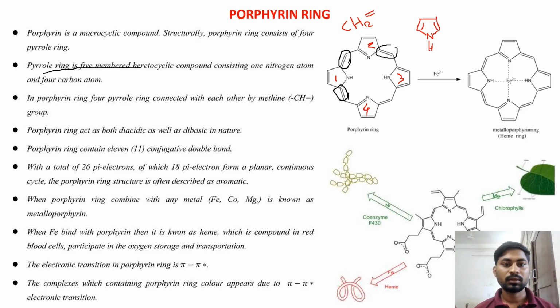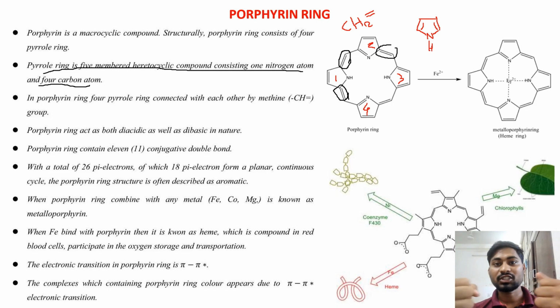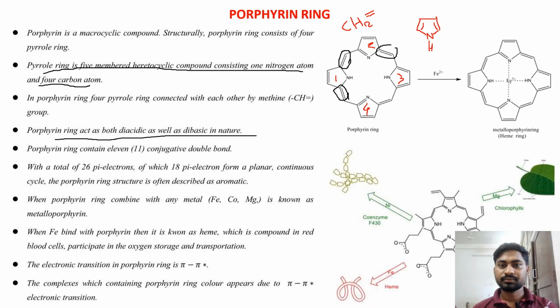The pyrrole ring is a five-membered heterocyclic compound consisting of one nitrogen atom and four carbon atoms. In a porphyrin ring, there are four pyrrole rings connected with each other, as I told you a minute ago, by methane groups. So the porphyrin ring acts as both diacidic as well as dibasic.